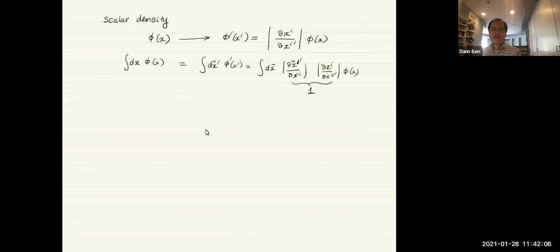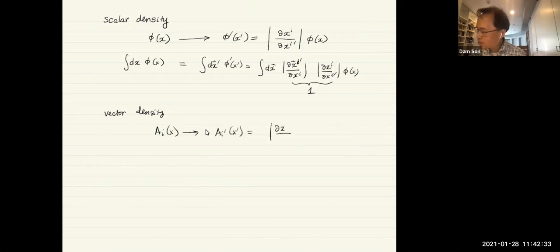And so that's why this quantity is called the scalar density. There is also the notion of a vector density. It's defined the same way. The vector density A^i(x) goes to A^i'(x'), which is equal to that Jacobian times the factor that has been there already, and then A^i(x).